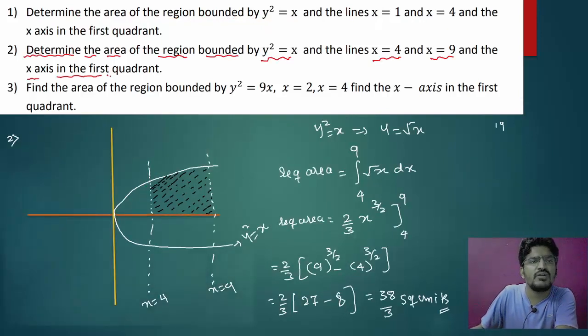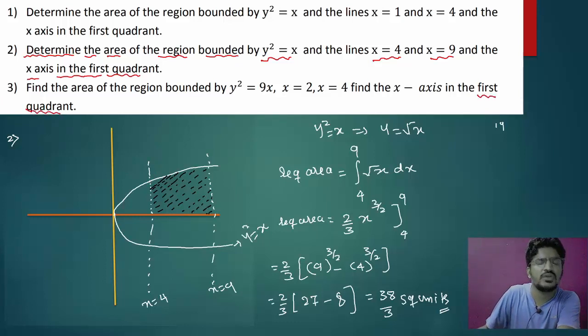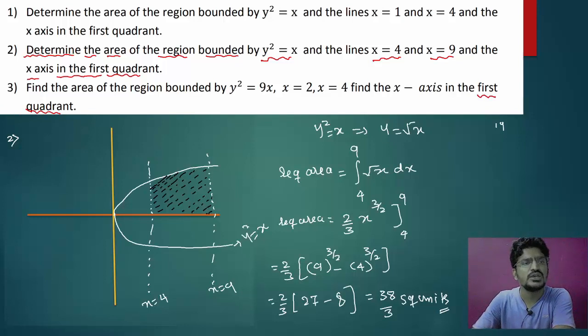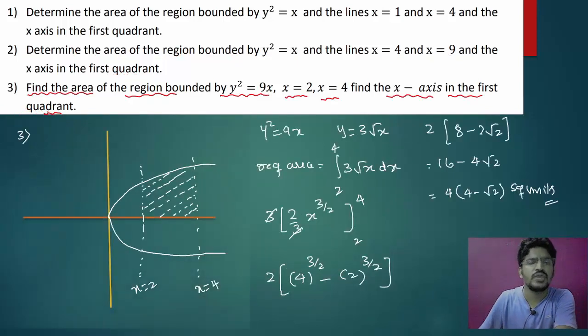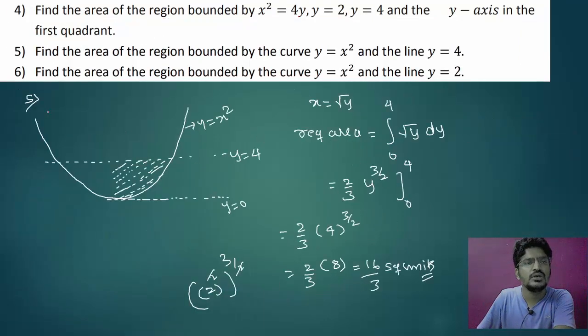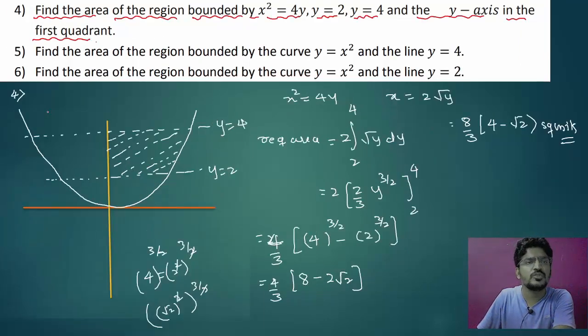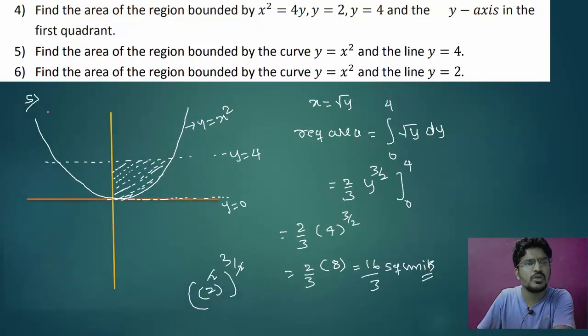In the second problem also they have asked the first quadrant, and in the third and fourth problems also they have asked only the first quadrant, so there is no problem there.